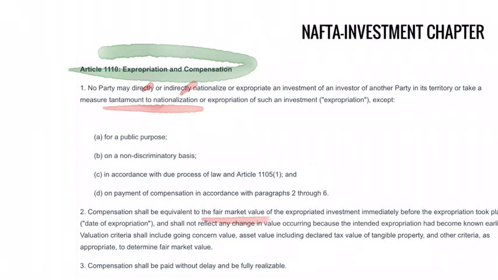Take note that there are many NAFTA cases that have been brought to arbitration, and this provision was numerously articulated by the tribunals. Further, it also states in terms of compensation that it should be of fair market value, and this will be discussed elsewhere when we discuss compensation.